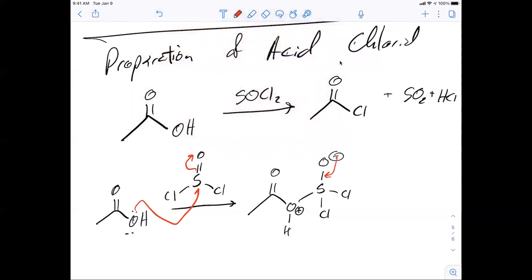And then this can come down, kick that off. I'm going to need more room.